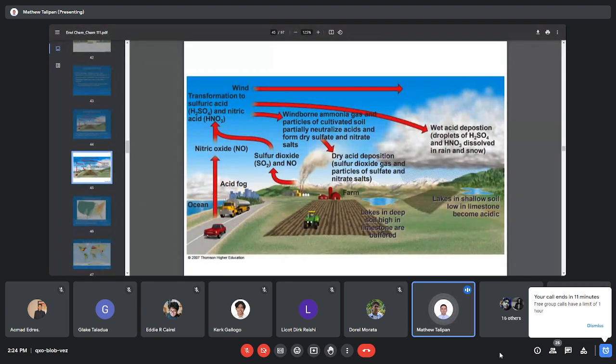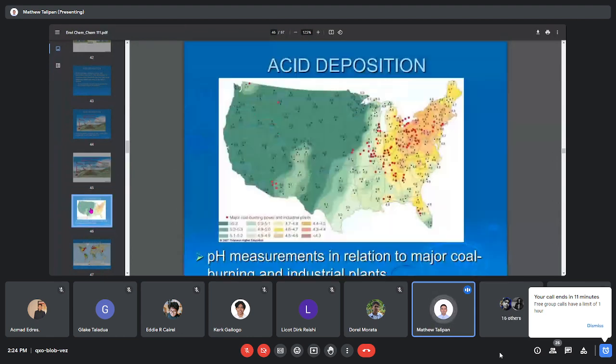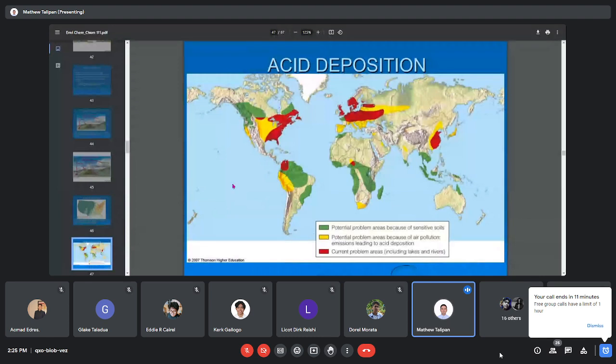If we look at the map of the United States, the region vulnerable to acid deposition is this part, the West Coast region. And then a global map would show us the West Coast of the United States, this part of Europe, and this part of China.